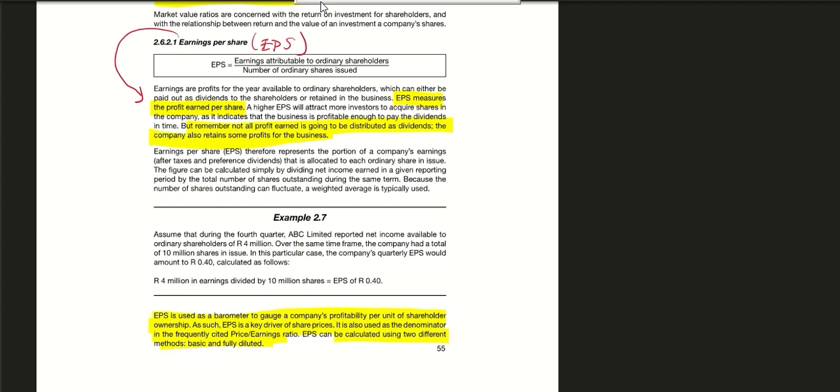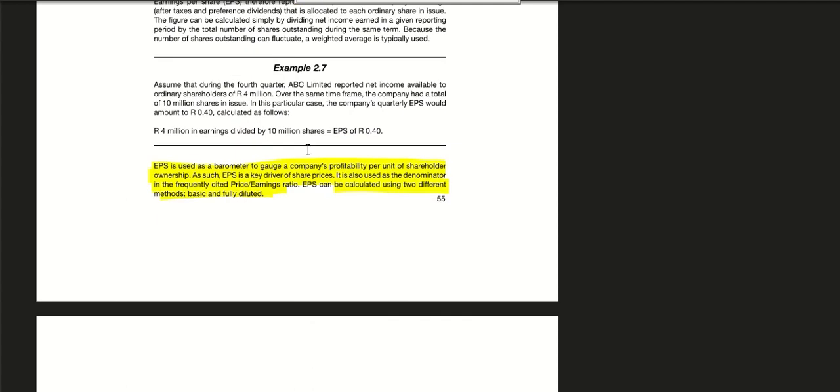It could also be retained. So the part that is distributed is the dividend, and what is not distributed is the retained earning. Very important, right? So this ratio is also a ratio that drives actually the share price, right?